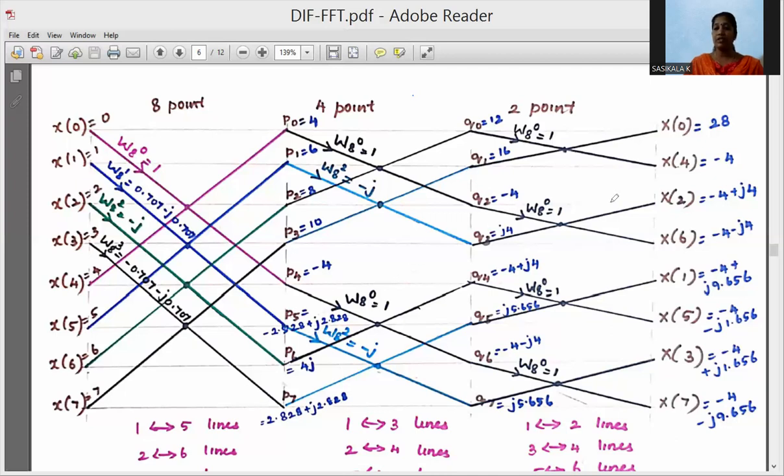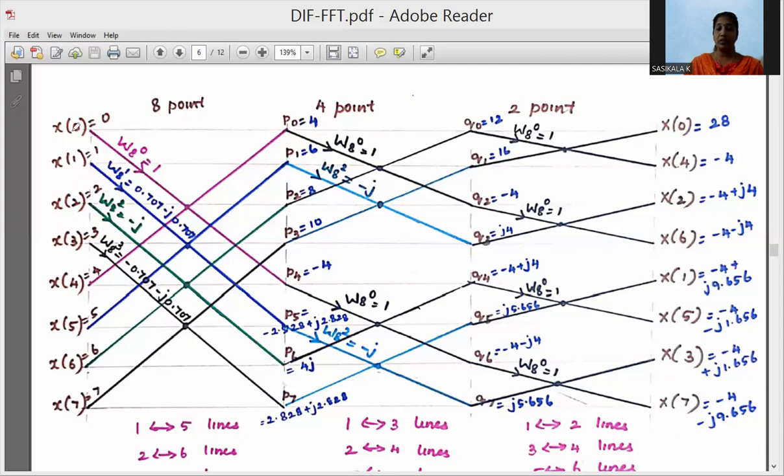And we know the bit reversal order is, first you'll be getting the even numbers, the first 4 values are even numbers and the second 4 values are odd numbers. Generally the even numbers are 0, 2, 4, 6, but here 2 and 4 are interchanged. So you'll be getting 0, 4, 2, 6: x of 0, x of 4, x of 2 and x of 6.